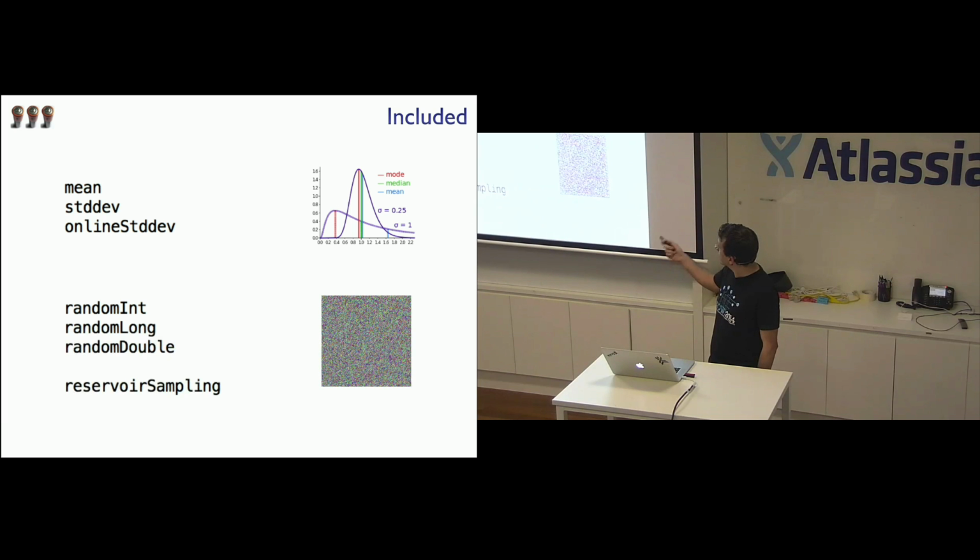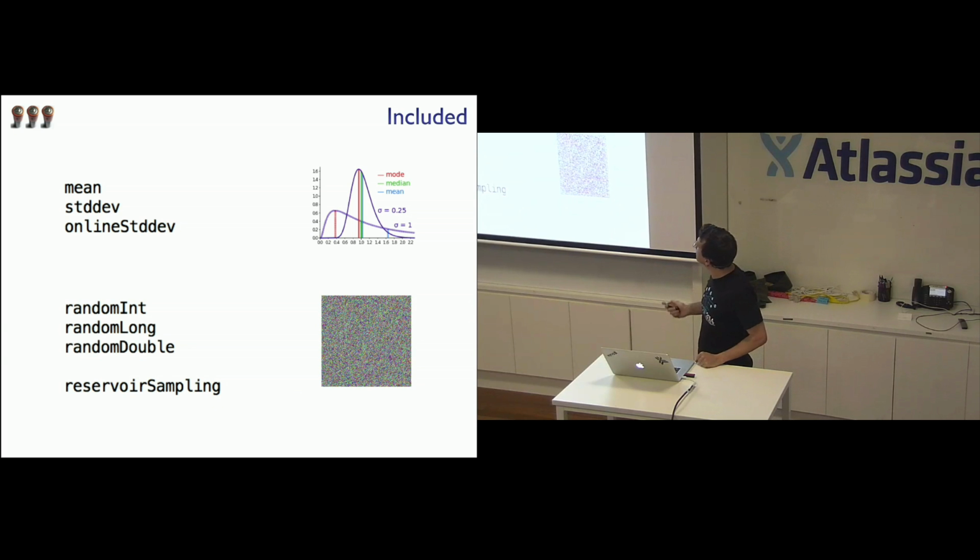Okay, and there are some random stuff, and this one is actually interesting, I find. Reservoir sampling is a method to return n elements from a stream so that each element from the stream has the same probability to end up in the final list. That's really cool. When I first heard about that, I didn't realize that it was even possible to get elements from a stream without knowing the full length of the stream, and eventually get a sub-list of this stream so that each element from the stream has the same probability to end up in the final result.